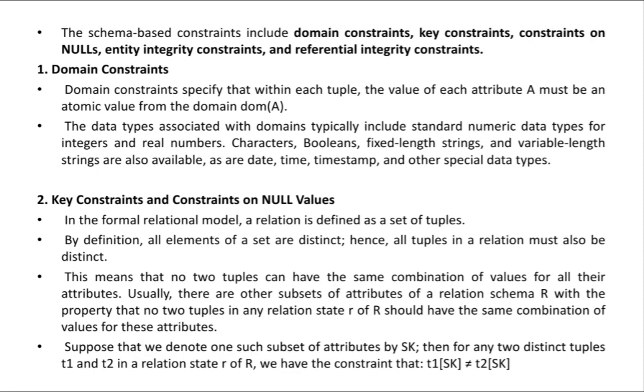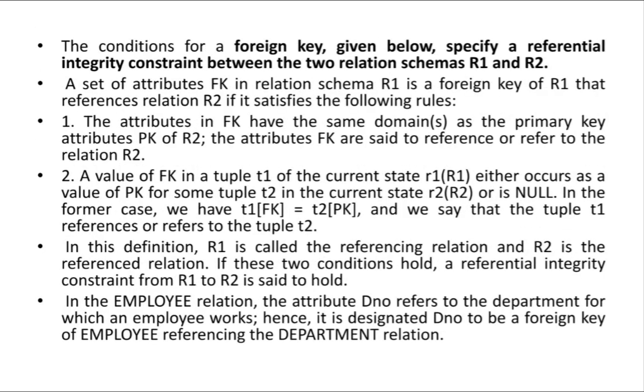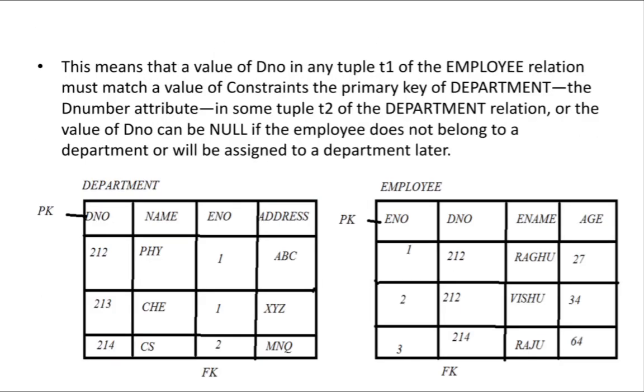So domain constraint tells that within each tuple, meaning a record. For example, you can see here we have two tables, the department table and the employee table, and each table contains three records. Each row in the table represents a record here.